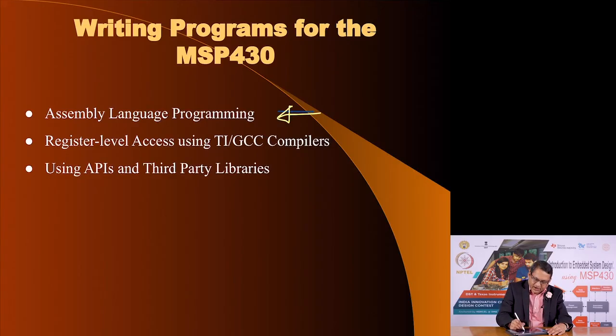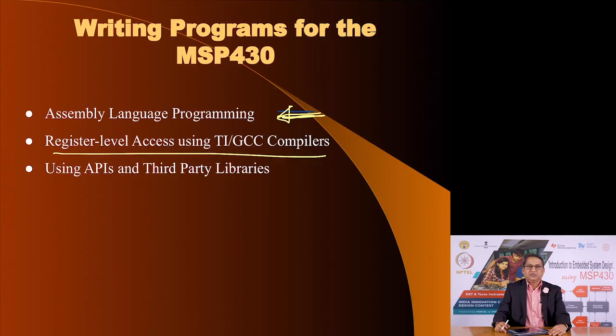We do not recommend that in this course, because then your focus will shift from application development to assembly language programming. You could also use register level access using the GCC or the TI compilers, and we are going to take this approach. And the third option is you use APIs and third party libraries, such as may be available from open sources, and we are going to stick to this approach.